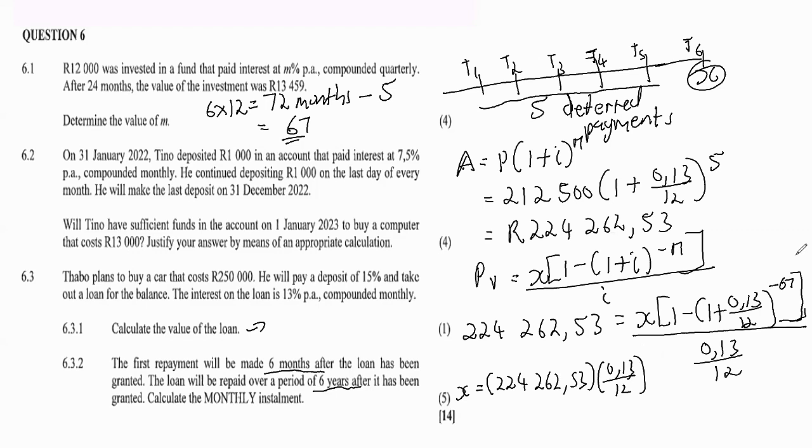Then you take the rest of this and put it down here as your denominator, over 12 and then negative 67. Then you close your bracket. Now, this makes your maths neat and clean. So you just punch all this into your calculator.